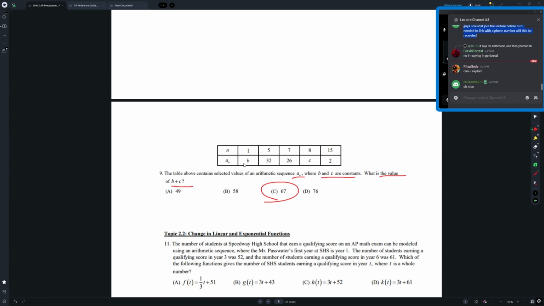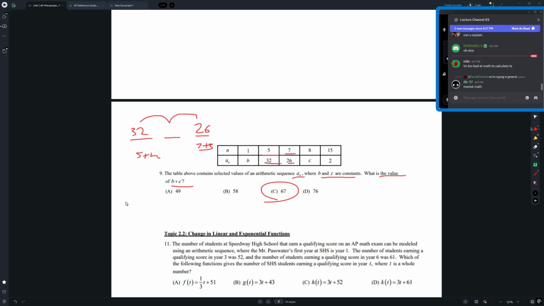Can you explain? Sure. So it's an arithmetic sequence. We have a few terms that are given. At the 5th term and the 7th term, we have 32 and 26, which means 32 plus 2D, for this case, equals 26.